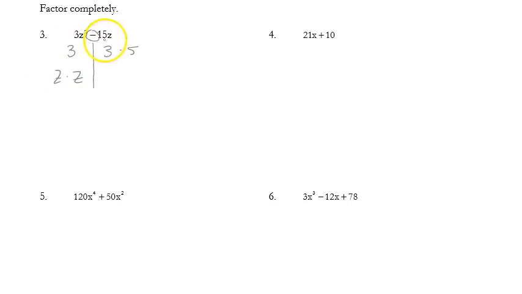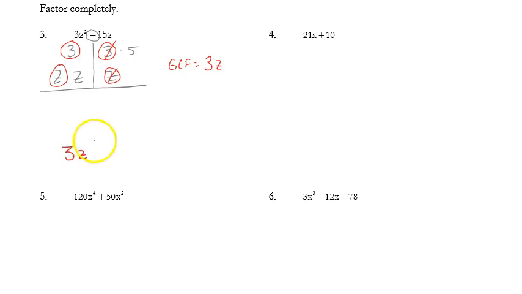Variables are z times z and z. So when I look for my GCF, they both have a 3 and they both have a z. That makes my greatest common factor 3z. That is always the monomial we pull out and put in front of our parentheses.